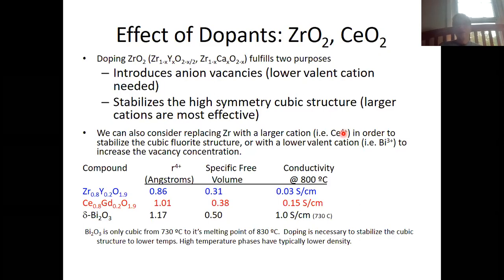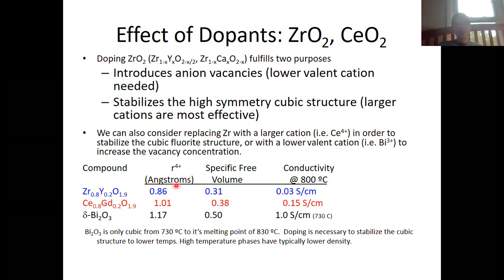Okay. Another possibility is to dope with bismuth 3 plus. So bismuth 3 plus is both larger than zirconium, but it also has a valence less. So in this case, we even increase the vacancy concentration.